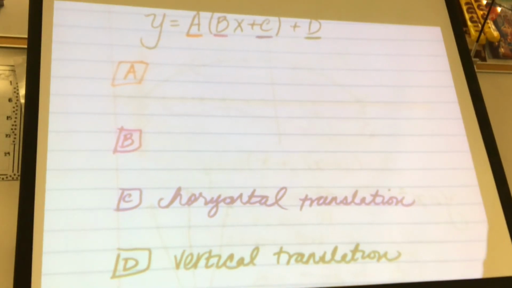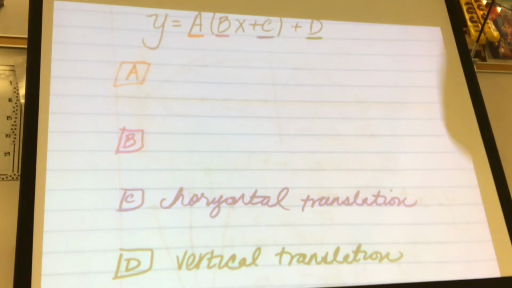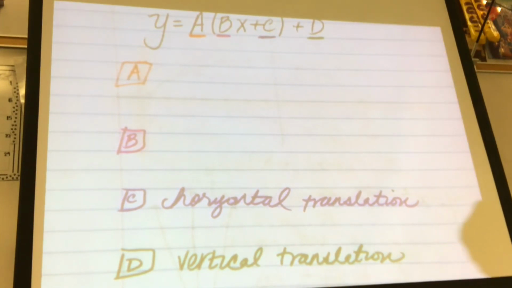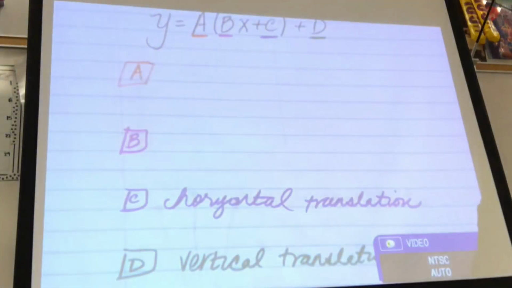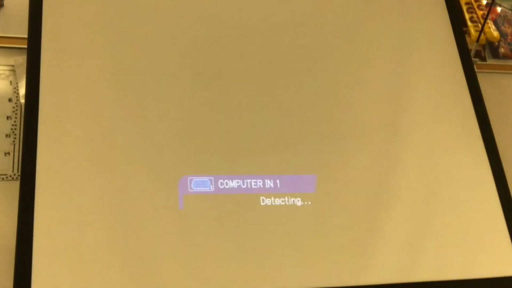Take out your graphing calculators, please. Let's see what happens when we make some more adjustments here. Let's go to A because B is the most challenging one.